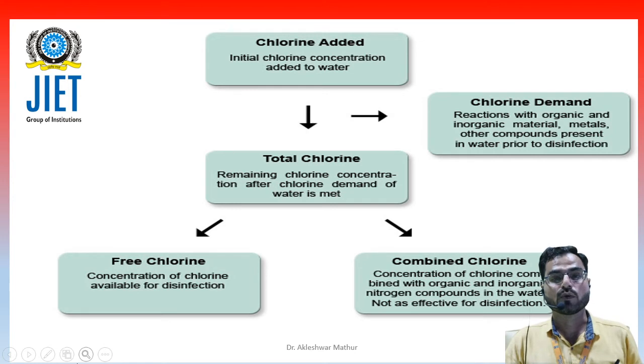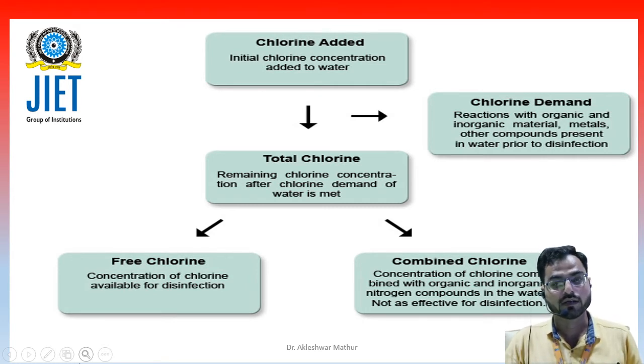That is known as the chlorine added. Chlorine demand. Chlorine demand is the amount of chlorine required to perform the chemical reactions in the water, and which chemical reactions will take place when chlorine is added in water will be discussed in the next slide when we discuss the different stages of the breakpoint chlorination.